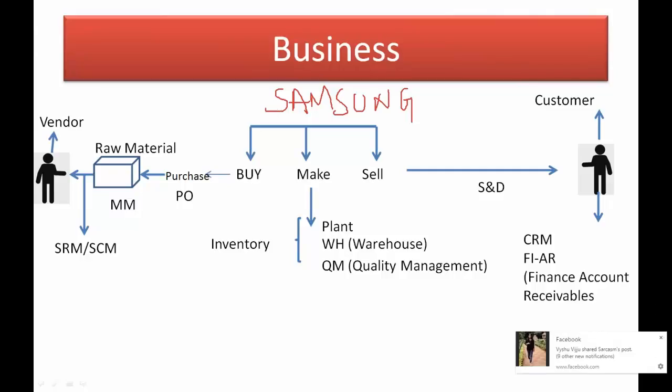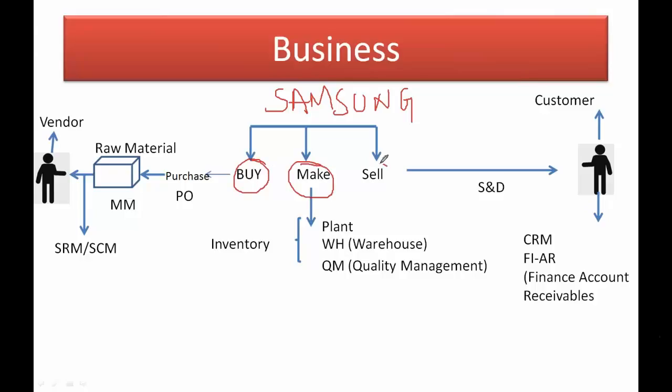What are the three types of functionality? Either they can buy a product, or they can make a product, or they can sell a product. These are the major functionalities for any kind of business. Any business you take worldwide, either they'll be buying products or selling products or making products, or they'll be doing all three.